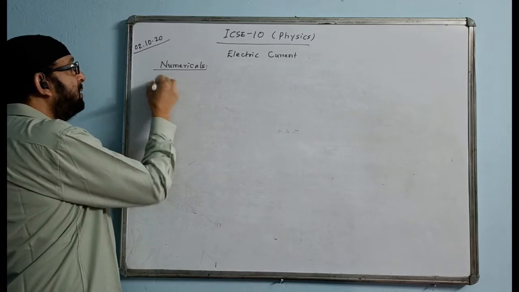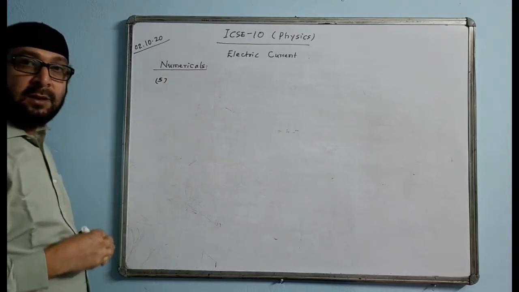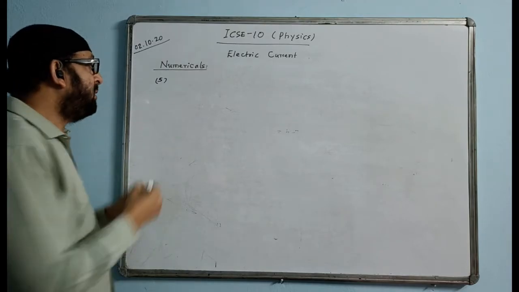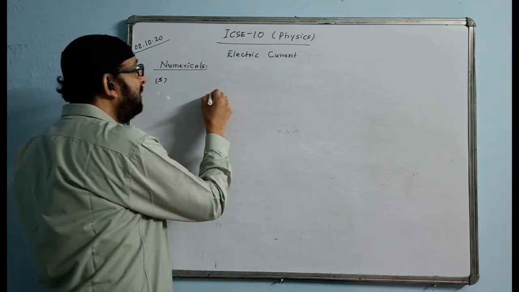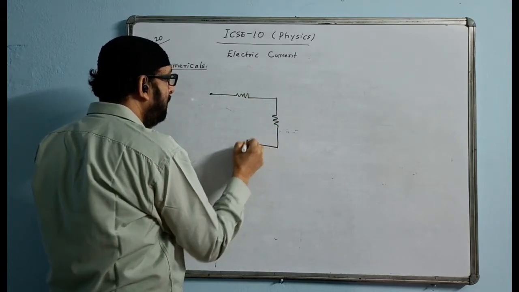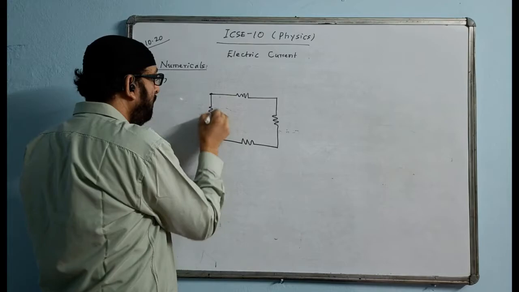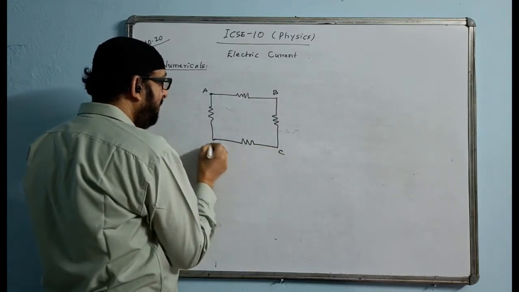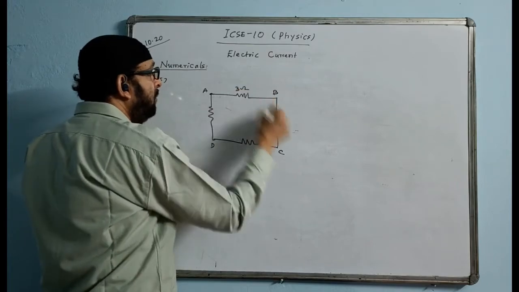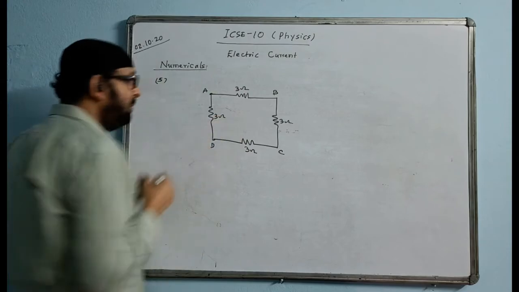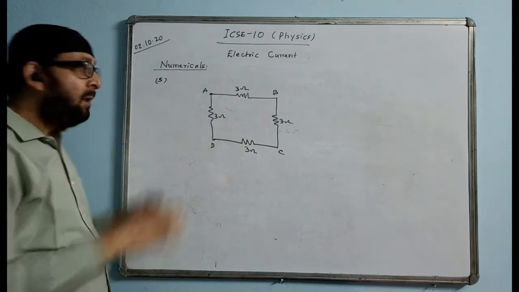Next question is like this. Find the equivalent resistance between the points A and B in the following circuit, and they have given a circuit like this. A, B, C, D, with 3 ohm here, 3 ohm here, 3 ohm here, and 3 ohm here, like a square.